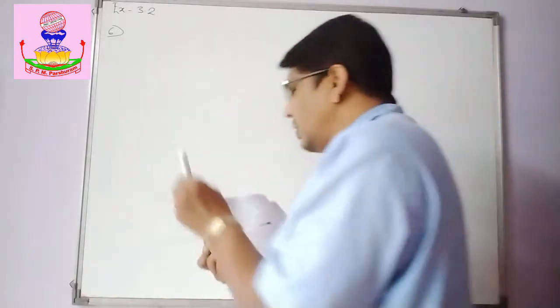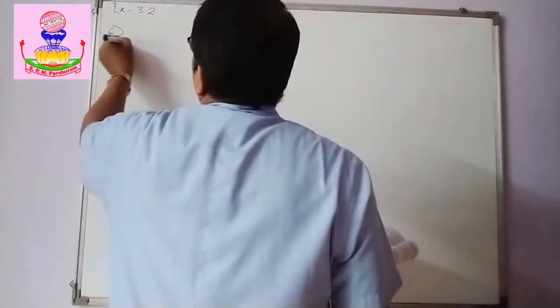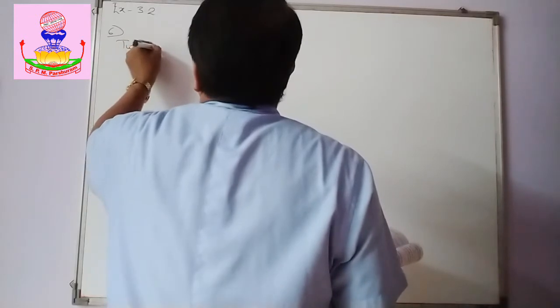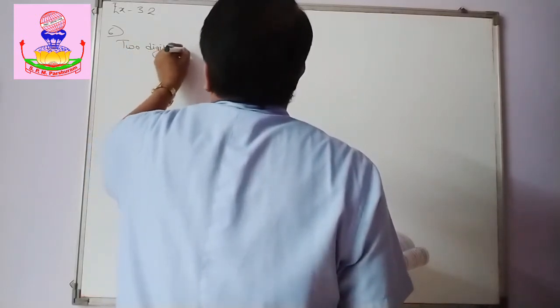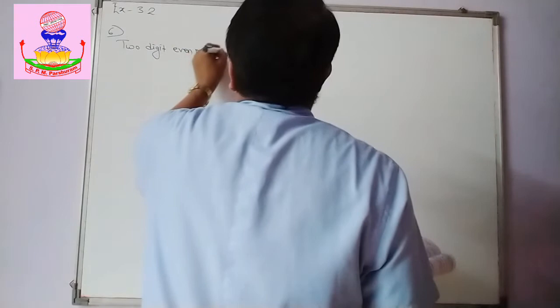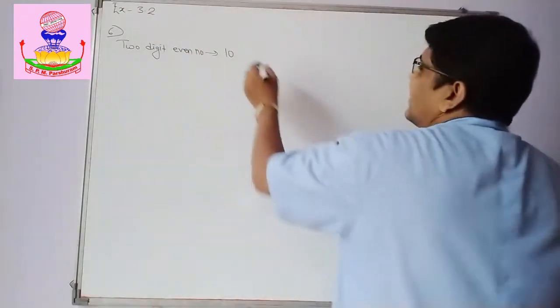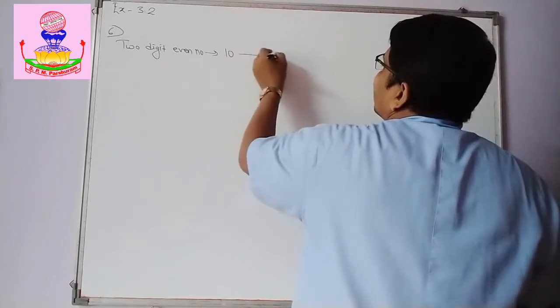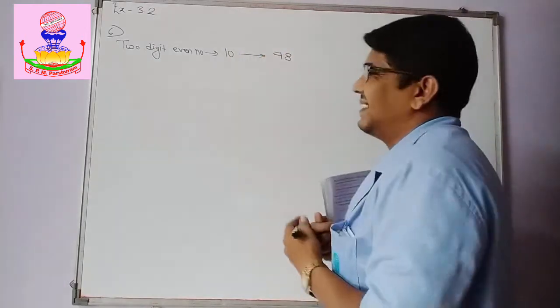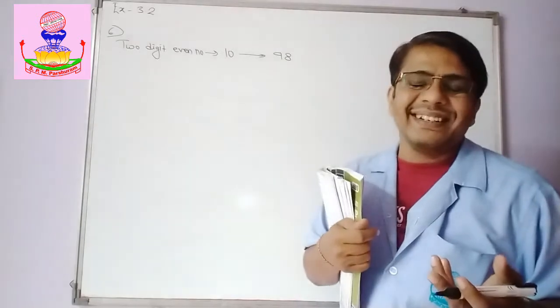Right? So, two-digit even numbers. They start from first two-digit even number is 10. And the last one, can you tell me? Yes, 98. But how many are they?